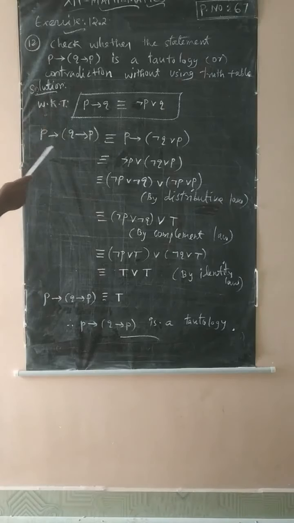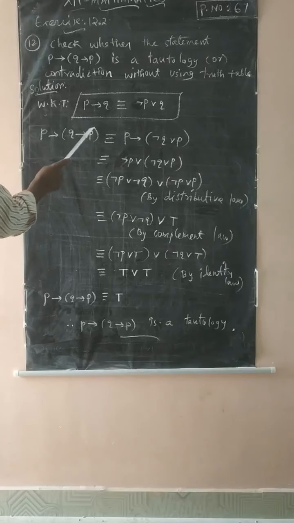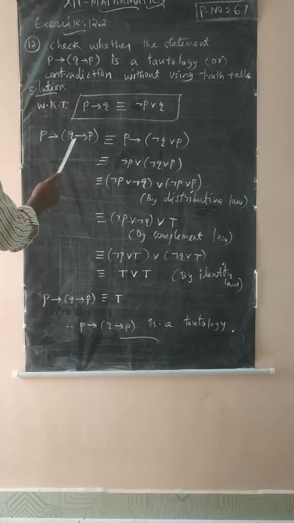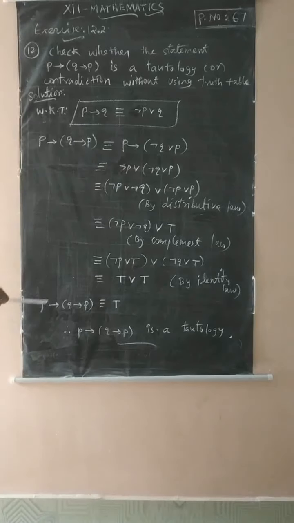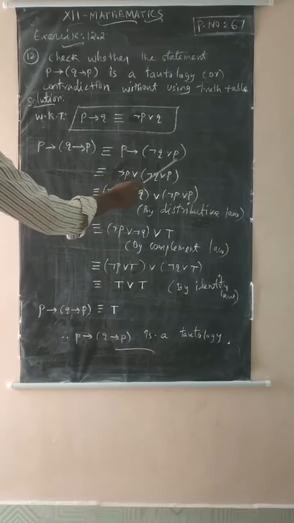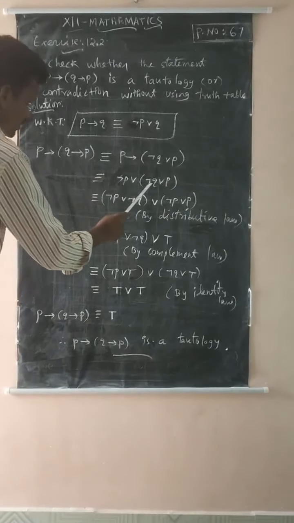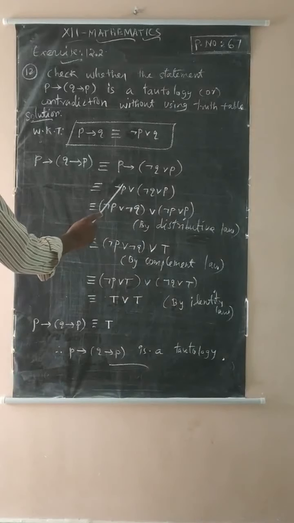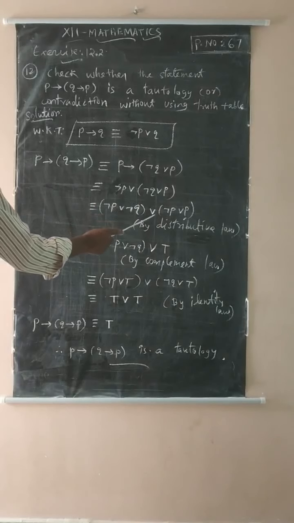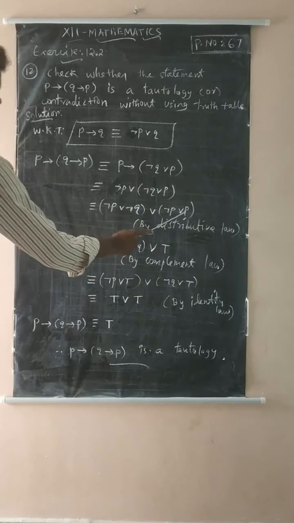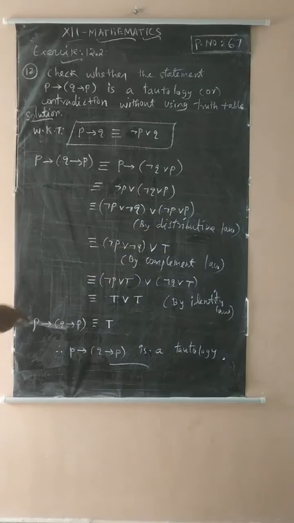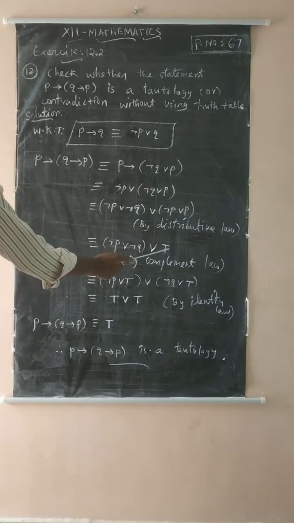Now take this statement P conditional to the brace Q conditional to P. First we use this result for the inner term: P conditional to negation Q or P. Again use this result for the outer statement: negation P or the brace negation Q or P. Next we use the distributive law: negation P or negation Q, or negation P or P. By the complement law, negation P or P is true, so negation P or negation Q is true.